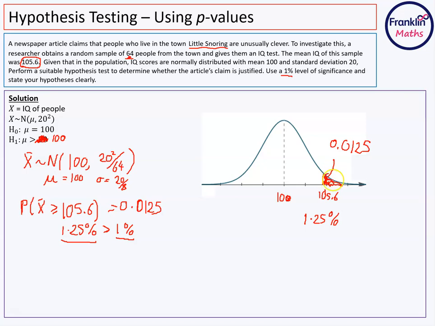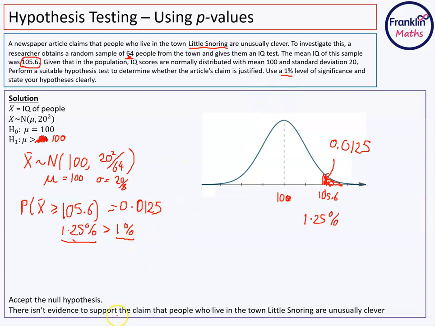We could actually do this backwards and work it all out. So in this case, we're going to accept H0, because it's not far away enough from the mean for us to say, hang on, there's a difference. Obviously, that is a very, very small amount. It's just at the 1% level, it's just not enough for us. And there isn't evidence to support the claim that the people are unusually clever.